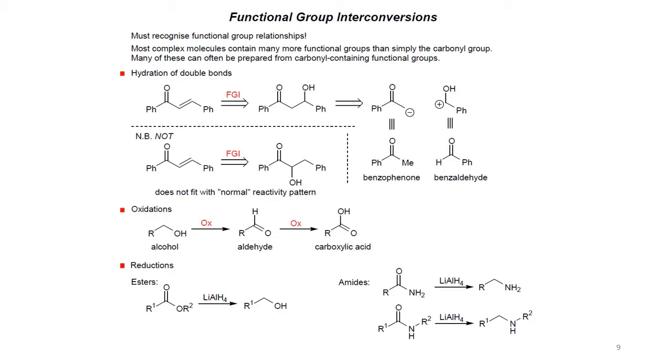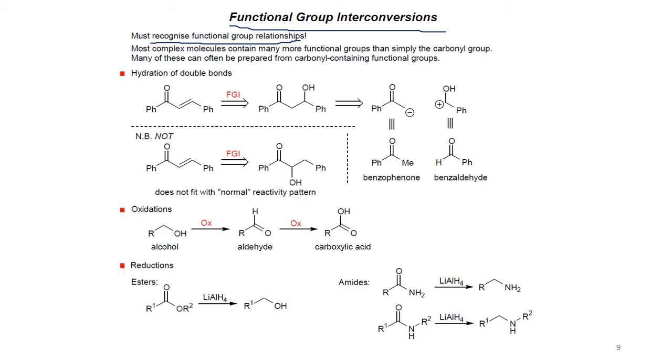Okay, so this is how functional group interconversion can be done, and usually you always use the recognized functional group relationship, and some complex molecules may contain more functional groups compared to the simple molecule, and many of these can also be prepared from a carbonyl containing functional group.